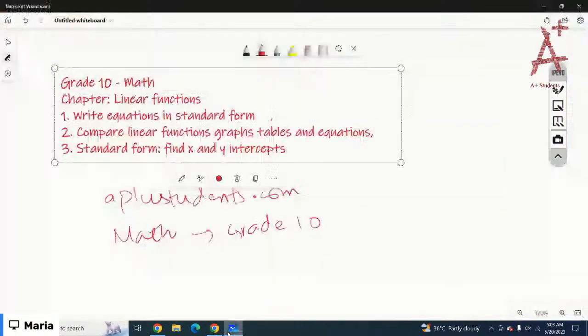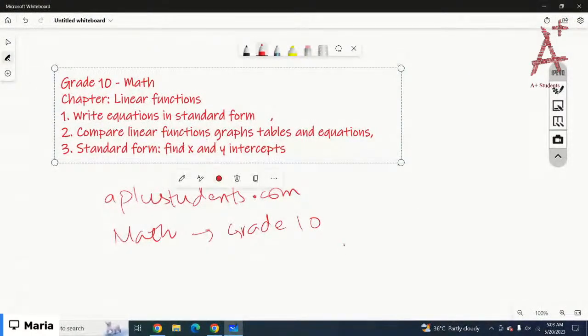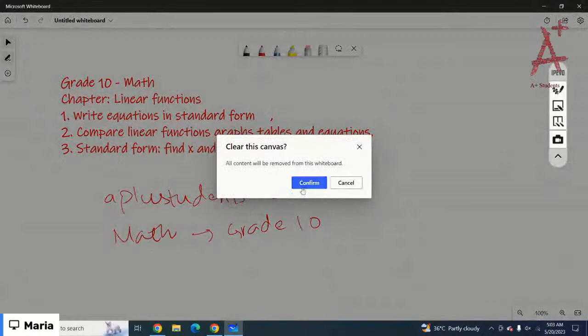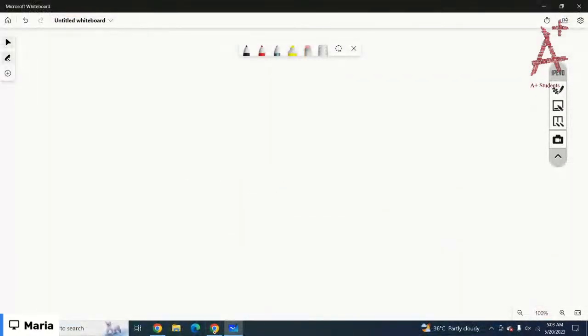Okay, y equals negative 4 over 5x minus 9. Let's multiply the equation by 5, so it would be 5y equals 5 times negative 4 over 5x minus 9 times 5.